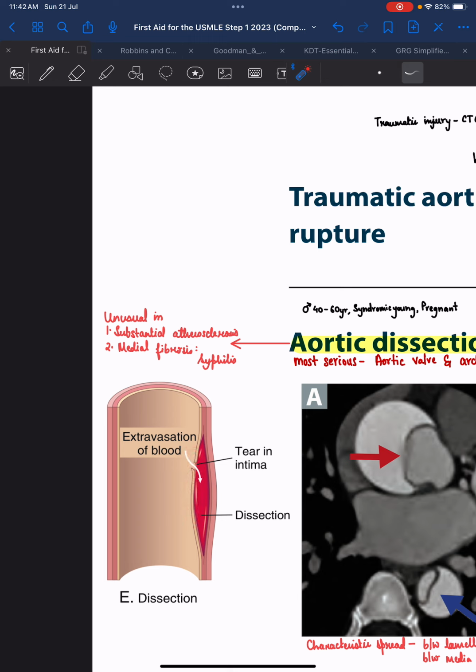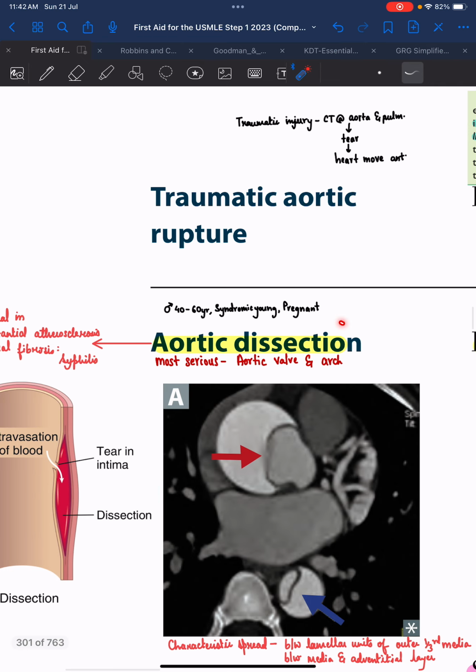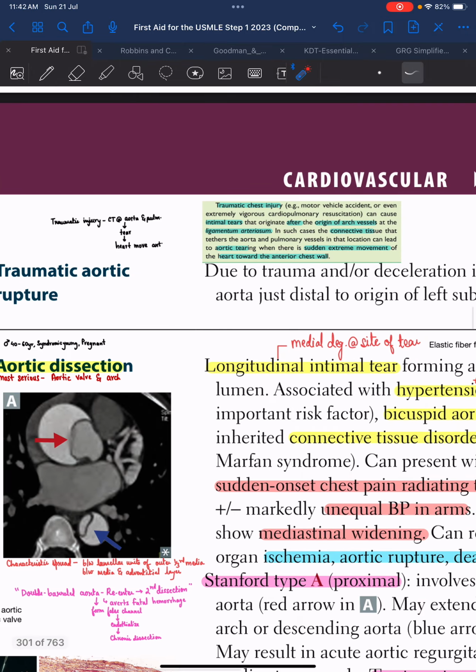The blood just cannot intrude the lamellar units of the tunica media. So basically, if a lot of atherosclerotic plaque is there, or if there is fibrosis in the tunica media, we will not see aortic dissection. Just eliminate it from your differential diagnosis.